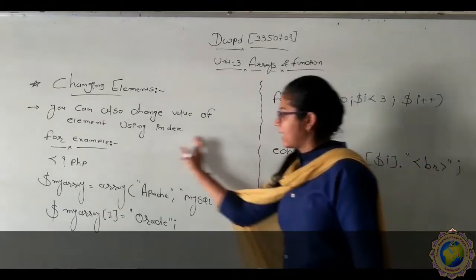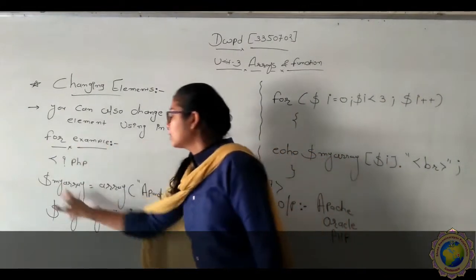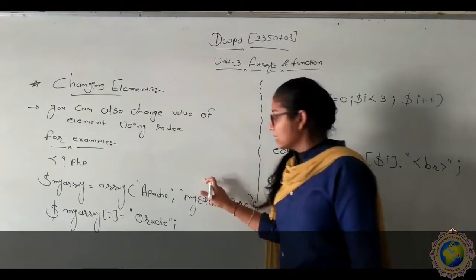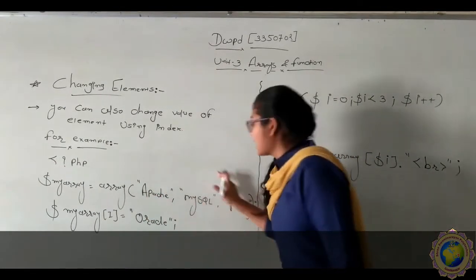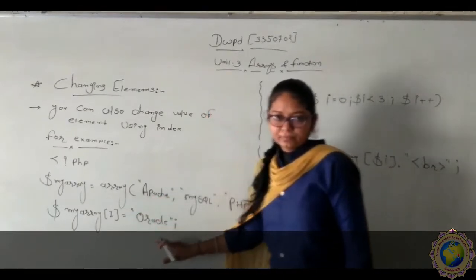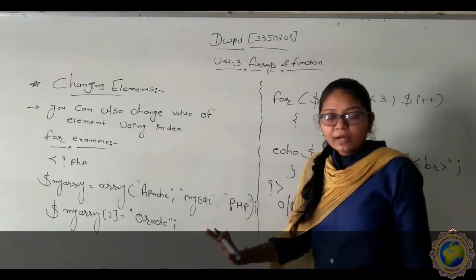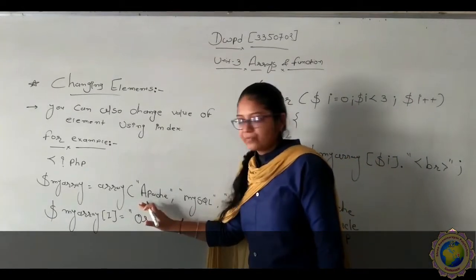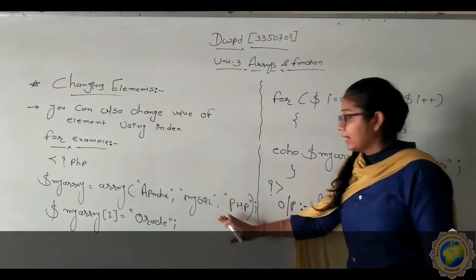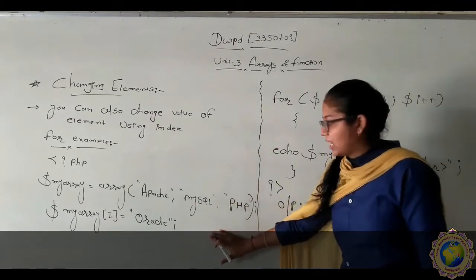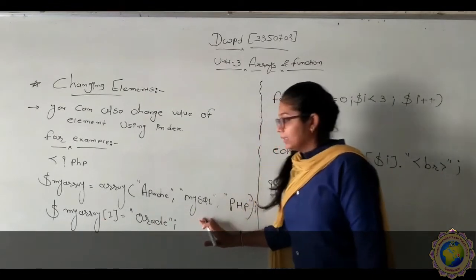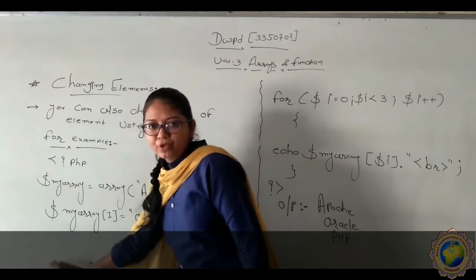But if we want to change MySQL and give Oracle instead, then what happens? Suppose we already declared these values Apache, MySQL and PHP, and at this time we want to change to Oracle instead of MySQL. Then how do we write this type of program?